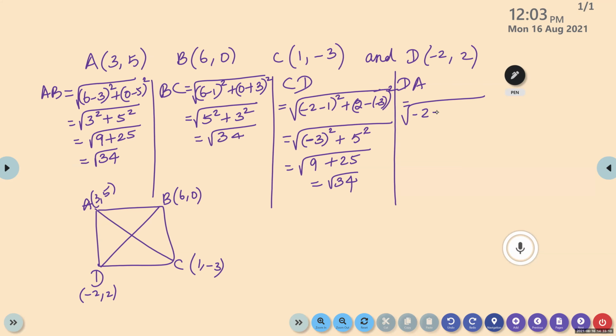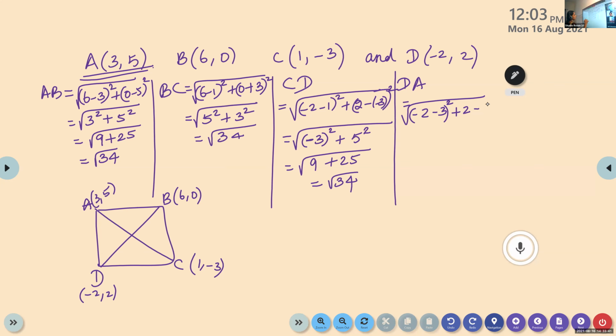Look here: DA. A is the vertex you have to select, or you can look at it from the figure. (-2 minus 3) whole square plus (2 minus 5) whole square.